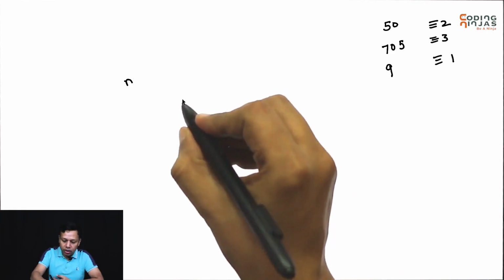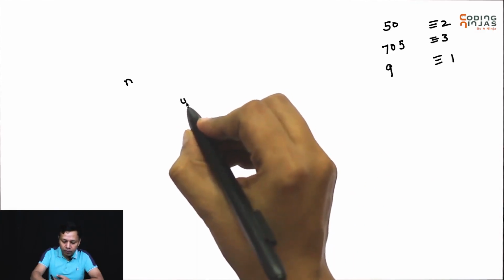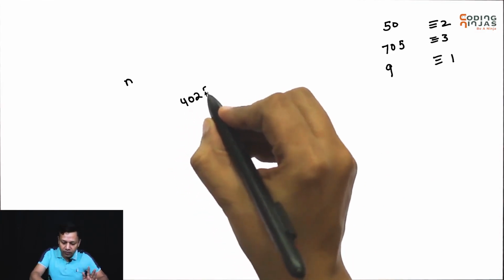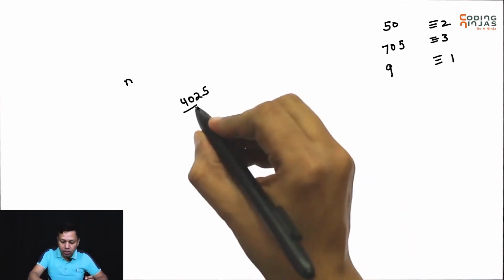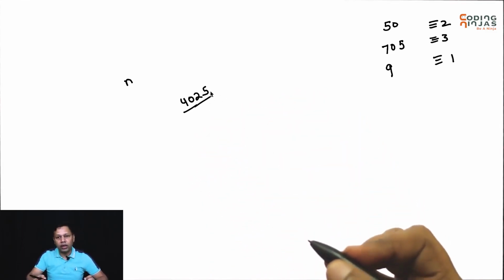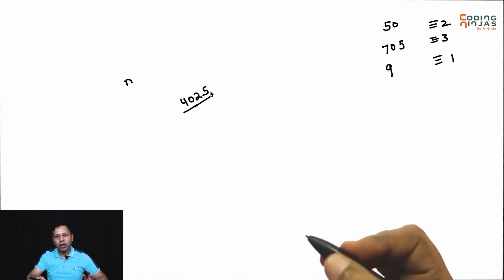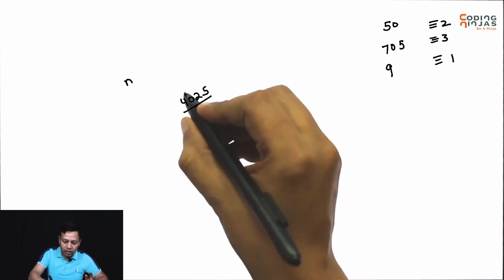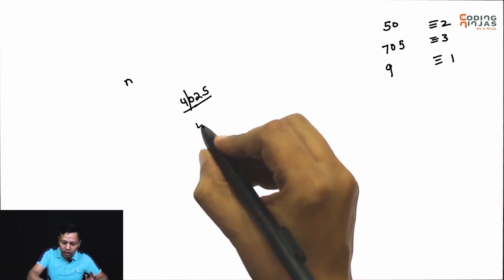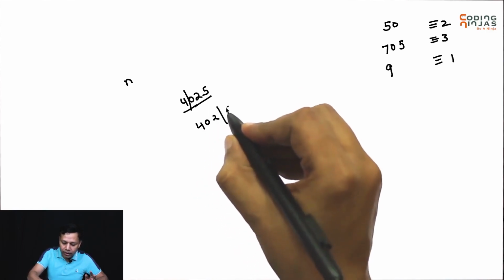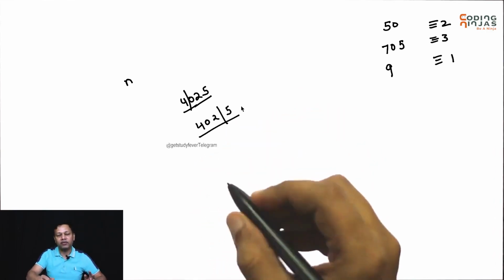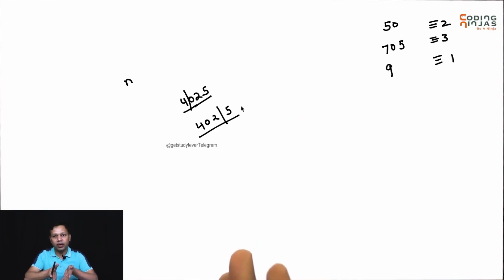So say there is a number 4025. Okay, so this is the number that I'm given. The easiest part is that I can either divide it this way or maybe this way: 402 and 5. So I'm trying to split the number into 2 parts.